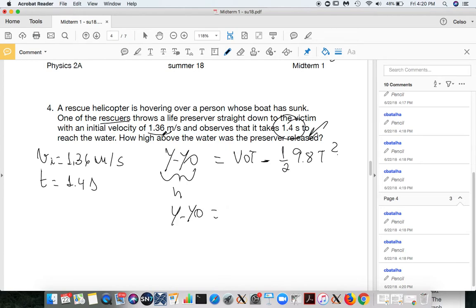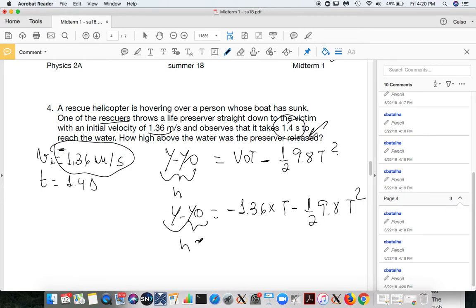Well, the initial velocity is down. So when I write this number here, this is not correct. It should be negative 1.36 times the time, minus one half, 9.8 times time squared. And then I can find my height.